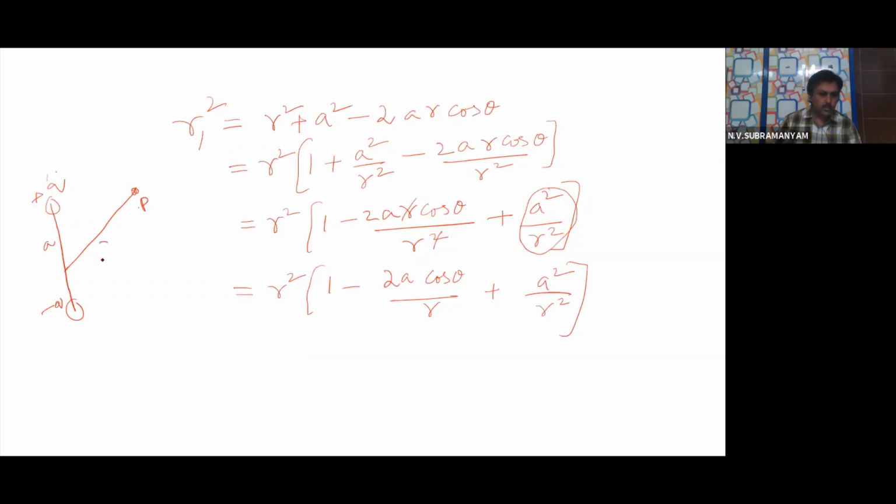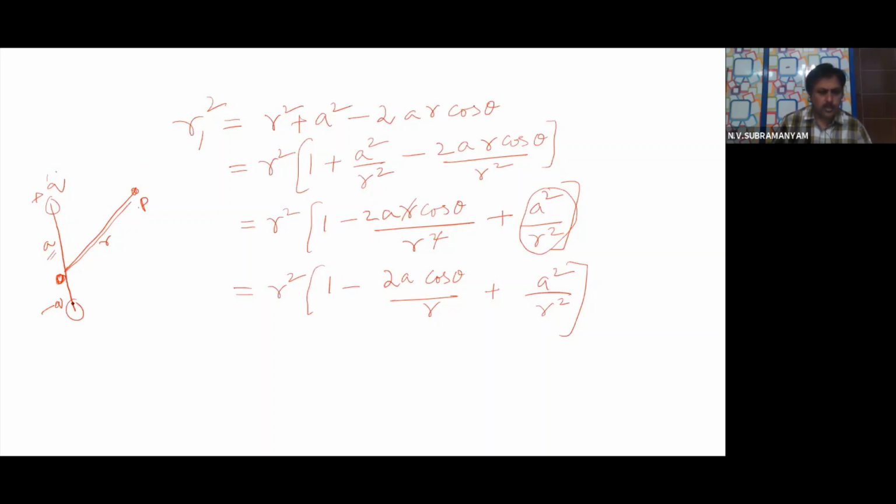This is the R value. Now, what happens if this point is very far away from the center? That is the question we are asking. If the point is very far from O, let us say for example, the A value is only 10 power minus 6 meters, but the R value is about 100 centimeters or let us say 10 centimeters.